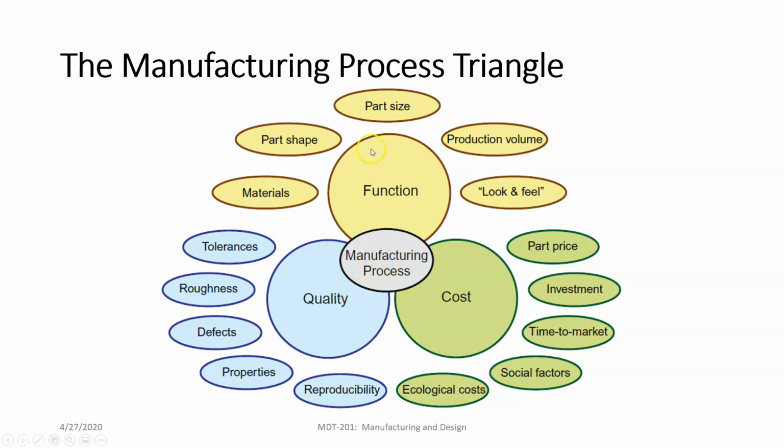Okay, and this just touches on how challenging it can be to identify a manufacturing process, because we have to take into consideration many of these factors right here in order to figure out what the quote-unquote best manufacturing process is for a part or a product.